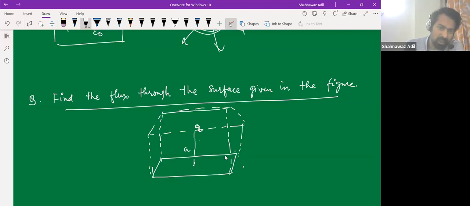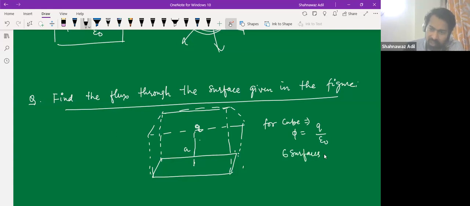This is a cube. So we know that for this cube, the flux is q by epsilon naught, where q is the charge inside this surface, right? How many surfaces are closing this thing? Six, sir. Yes, six surfaces.